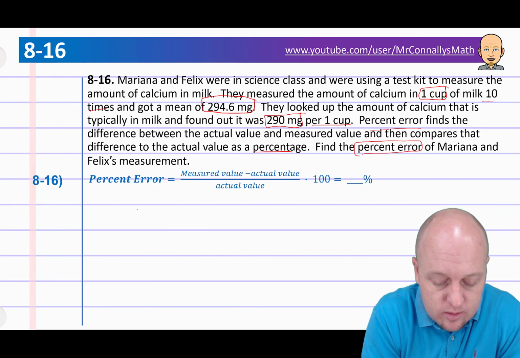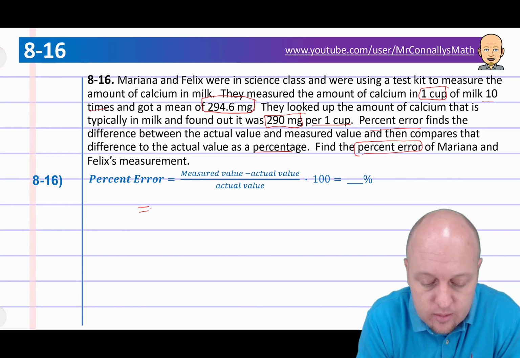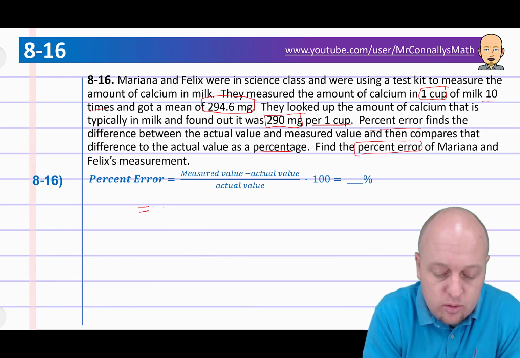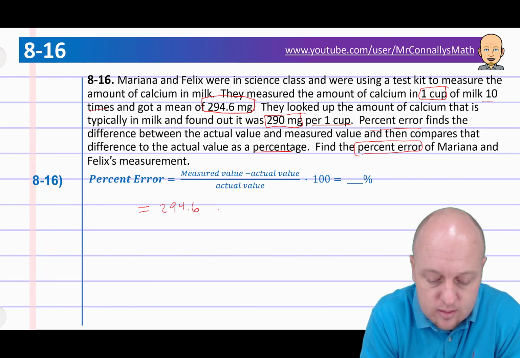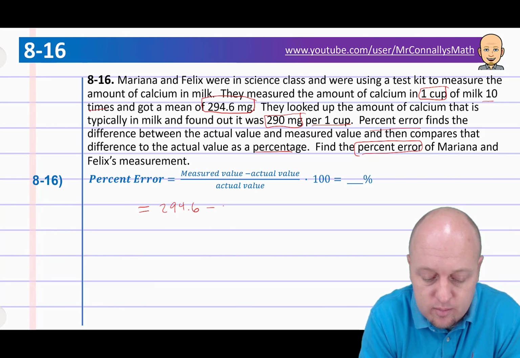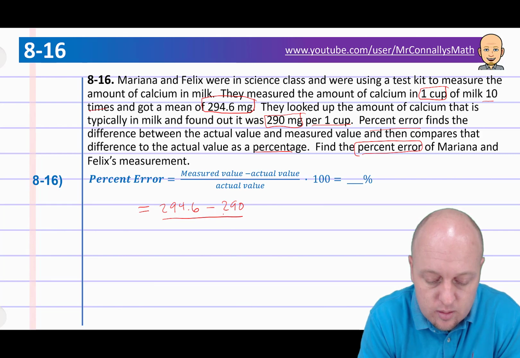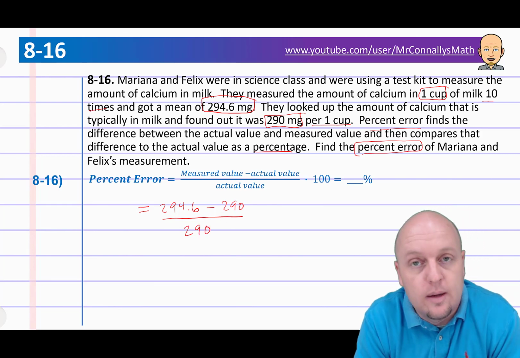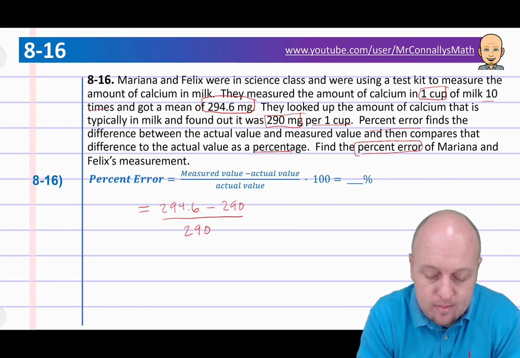Okay, so that means to get the percent error, we need to take the measured value, which they measured at 294.6, and we need to subtract that from 290. And then we divide that by 290. Okay, that's going to give us a number divided by 290.